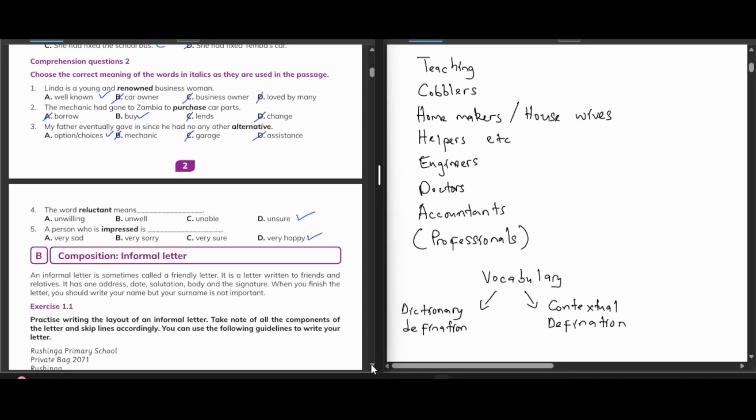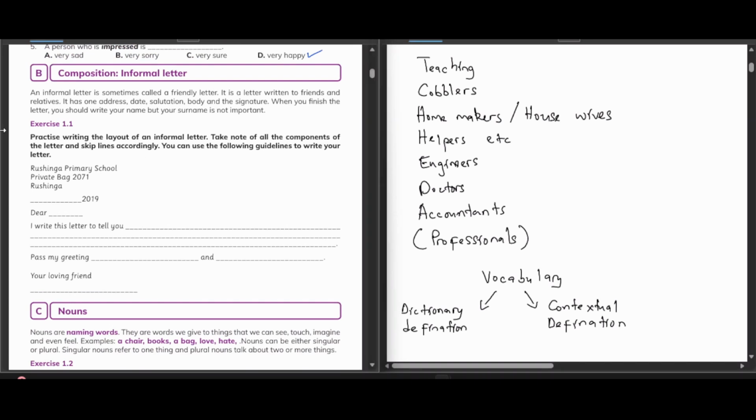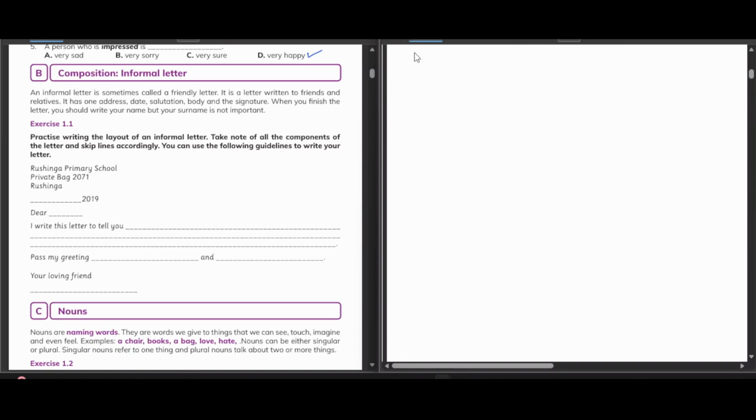Now, when we look at part B of what we are studying, we want to look at compositions, informal letters. An informal letter is sometimes called a friendly letter.